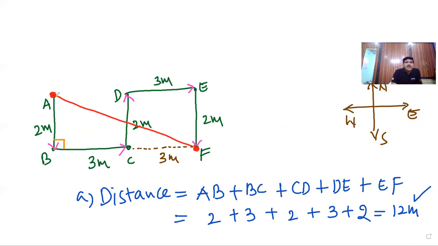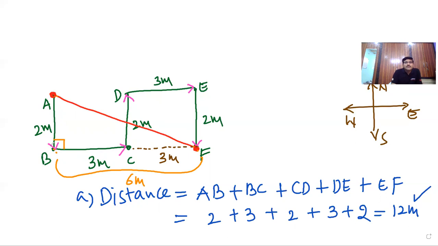ABF is a right angle triangle. And in the right angle triangle, height is AB and base is BF. So BF is how much? Here to here, 3 meters plus 3 meters, 6 meters is BF.